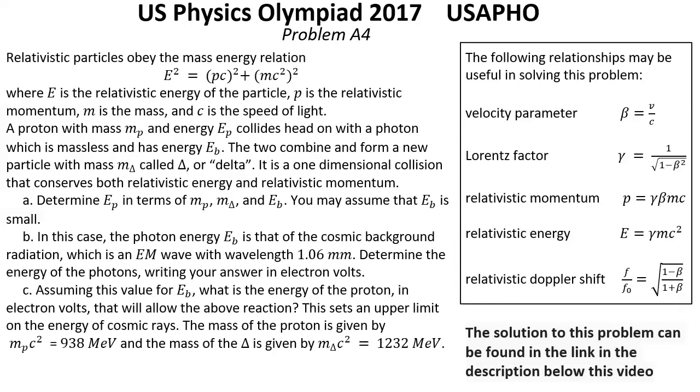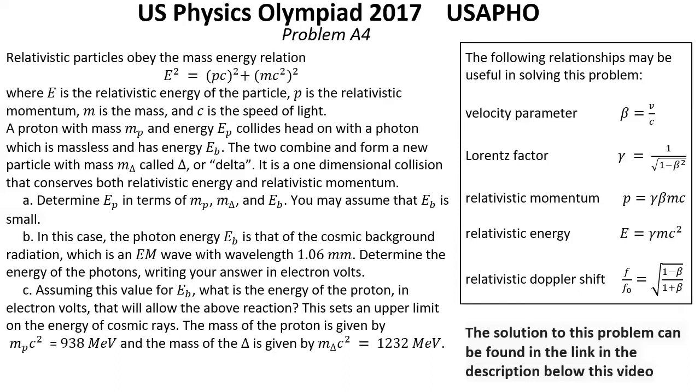Determine the energy of the photons, writing your answer in electron volts. Question C. Assuming this value for E_b, what is the energy of the proton in electron volts that will allow the above reaction? This sets an upper limit on the energy of cosmic rays.